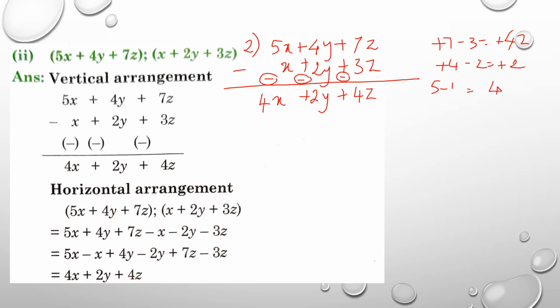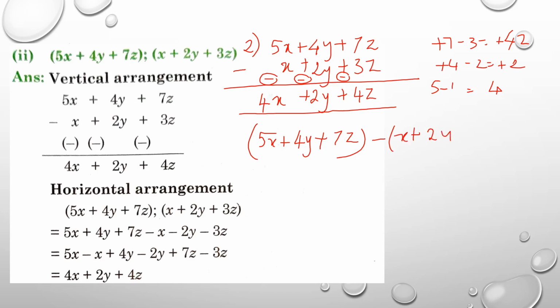Now let us do the horizontal method. 5x plus 4y plus 7z minus x plus 2y plus 3z. Okay. Now you have to open the bracket. So 5x plus 4y plus 7z minus x.